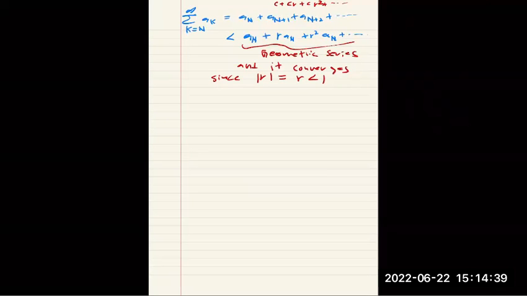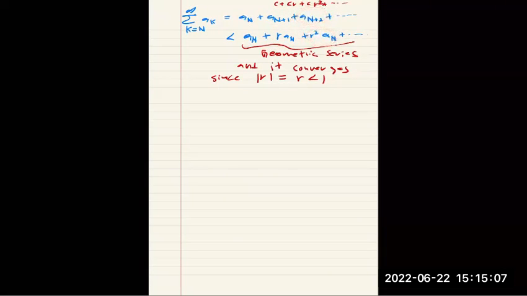Now, by the comparison test, we can easily see that this series also converges, because this series converges. Think about this series and the original series. The first term of this series is bigger than or equal to this one, because it's the same. So we can say bigger than or equal to, nothing wrong with that. The second term is bigger than or equal to the second term here, and the third term is bigger than or equal to the third term here.